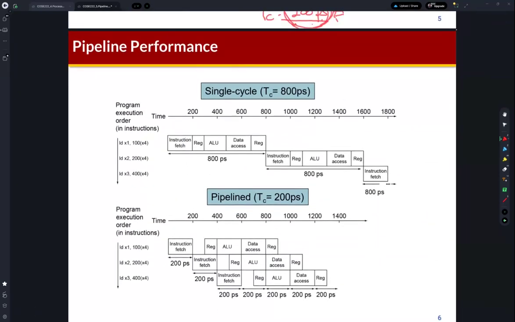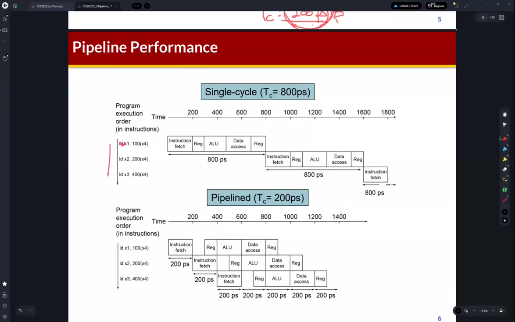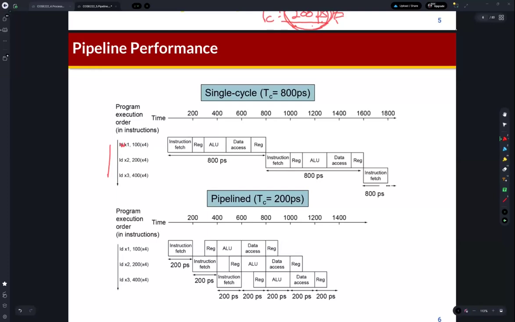So this is the example. This is the load instruction, and you can find that there are 3 load instructions. It will take 800 picoseconds, 800 picoseconds, and another 800 picoseconds for the single cycle processor.